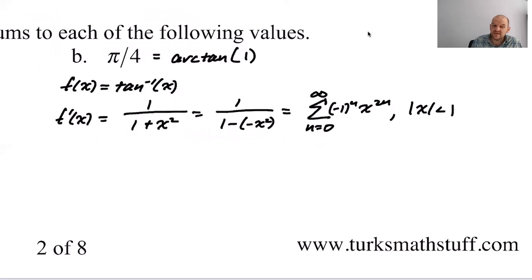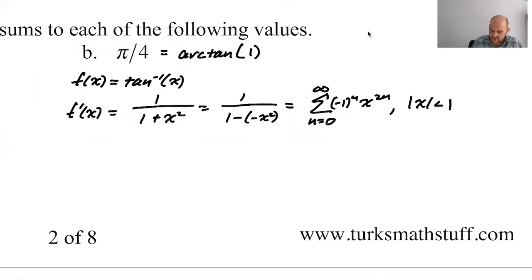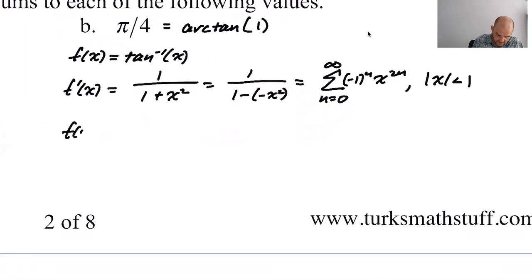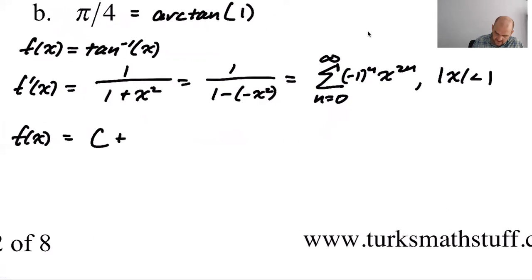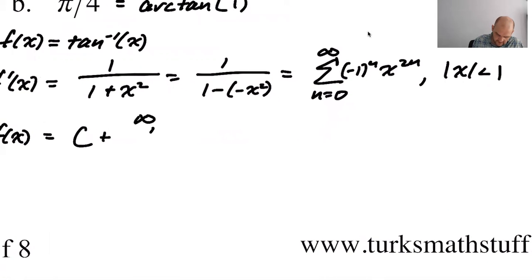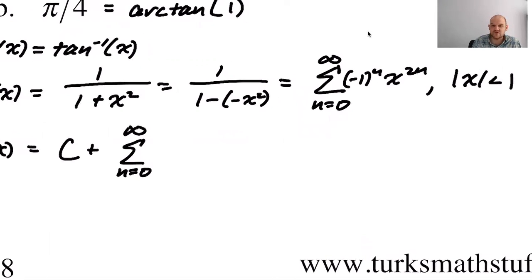Okay, so that's a series for the derivative, which means that the original function should be a constant plus, we're going to integrate. When you integrate, you stay at the same index, and sometimes you can move it in. I don't even know what it would mean to move it in this case, to go to the negative first term or something, but we're not going to end up doing it. So don't you worry about that. Reverse power rule.